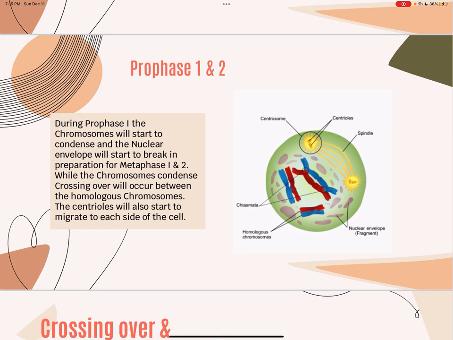All right, now we're going to go deeper into what prophase exactly is. So in prophase 1, the chromosomes will start to condense, and the nuclear envelope will start to break, as you can see from the little brown chunks that are circling the red and blue.